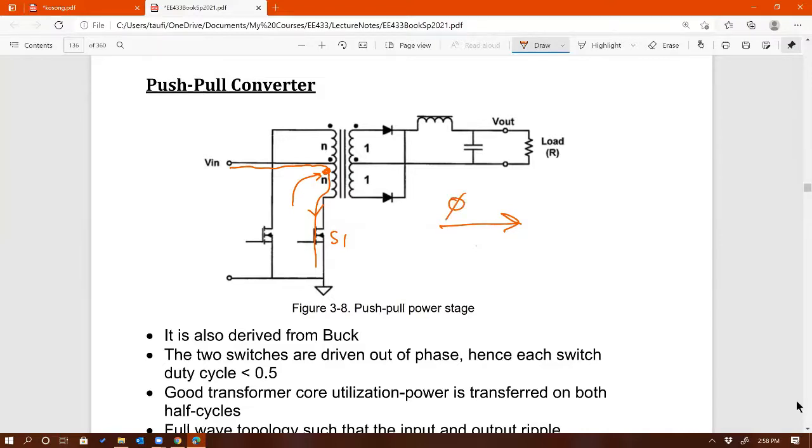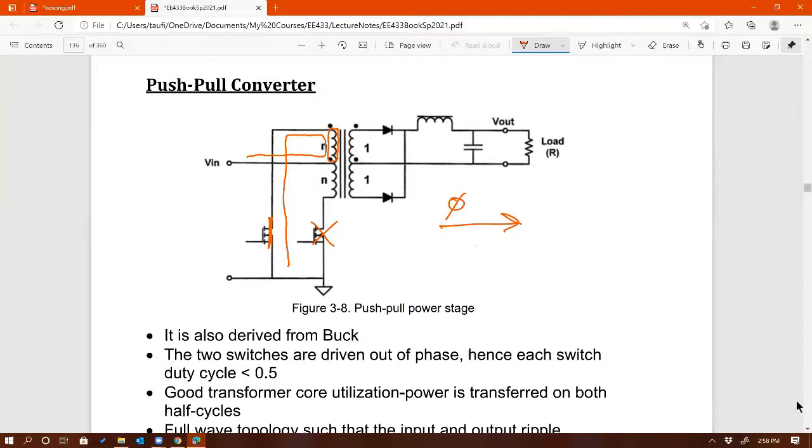Then if I turn off S1, this is off now, and I turn on S2, what's going to happen? Current now flows through here. Through that inductor the current is still positive, because that's a separate inductor, see that?